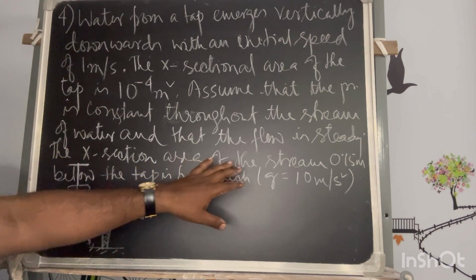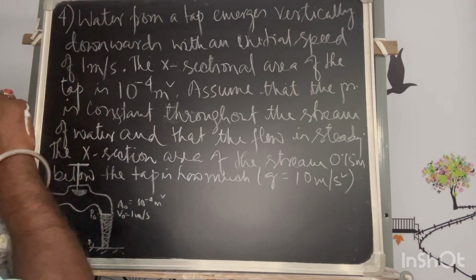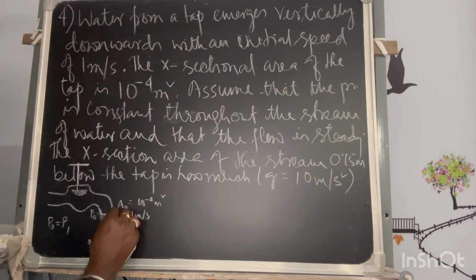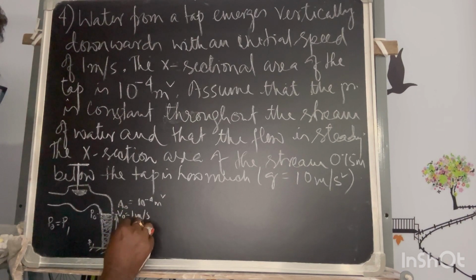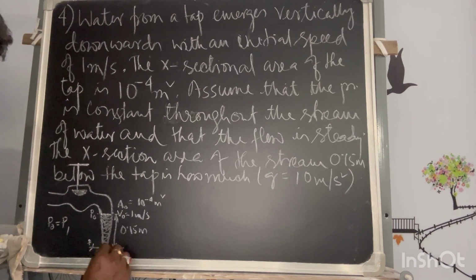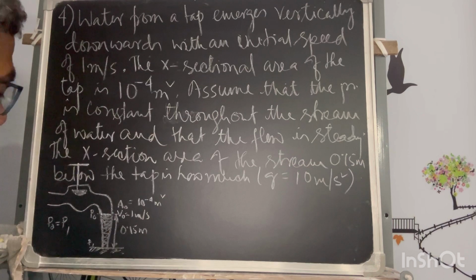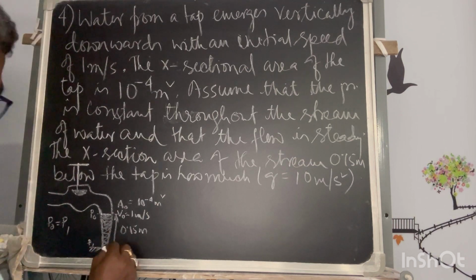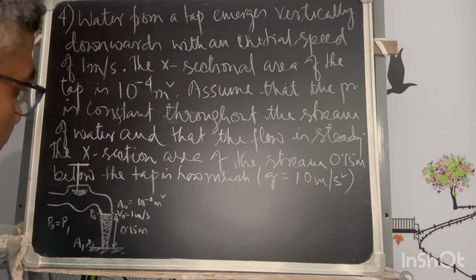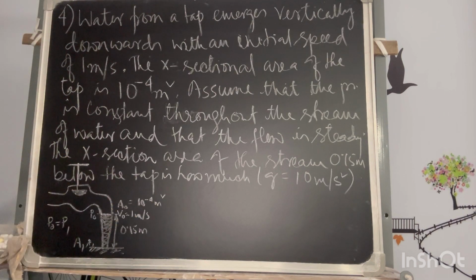The cross-section area of the stream 0.15 meter below, where the height is, is what we have to find. Let us take the reference there itself. I am just talking about this reference where the height ends, because we have to find the cross section here. So we can say this is cross section A1. This is a similar problem.